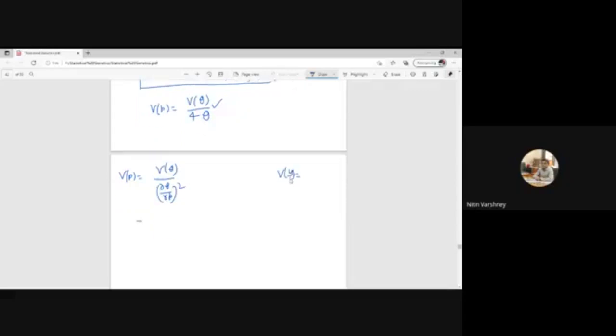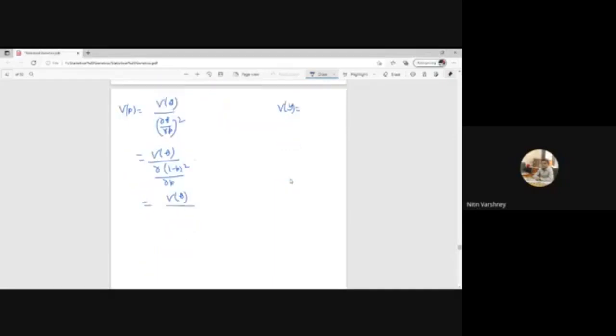So this will be variance of theta upon its derivative. What is theta? If I put the value of theta, theta is 1 minus p whole square, if I consider the same frequency, upon del p. So variance of theta will be the same, and the derivative will be minus 2 times 1 minus p, whole square because we are taking the square of this.